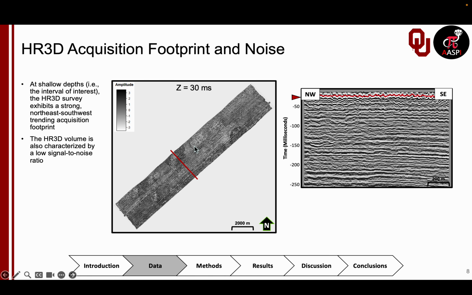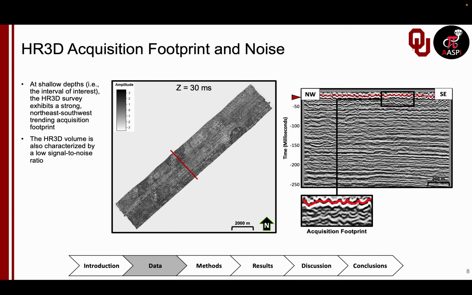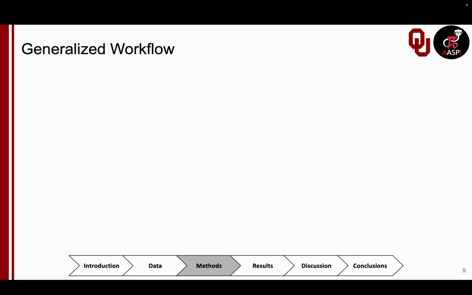And what this looks like in cross section, so now we are running perpendicular to that acquisition footprint, is something like this. We can see that acquisition footprint very well in cross section too. And then, like I said, this data is just inherently noisy, being that it is so high frequency.